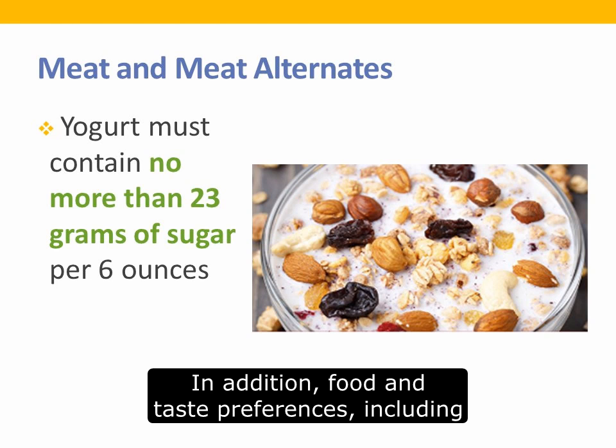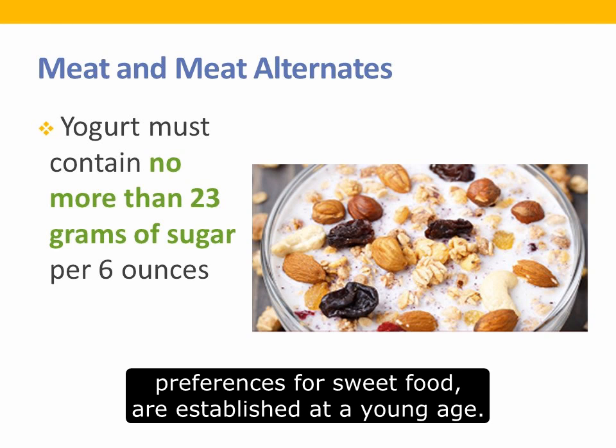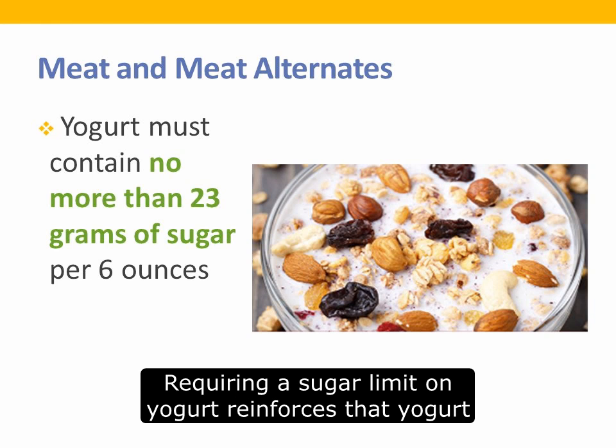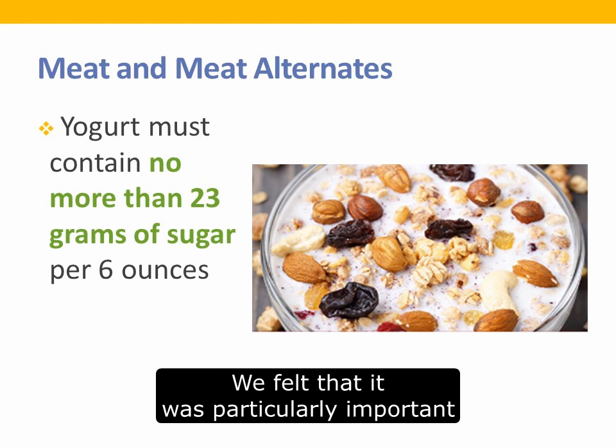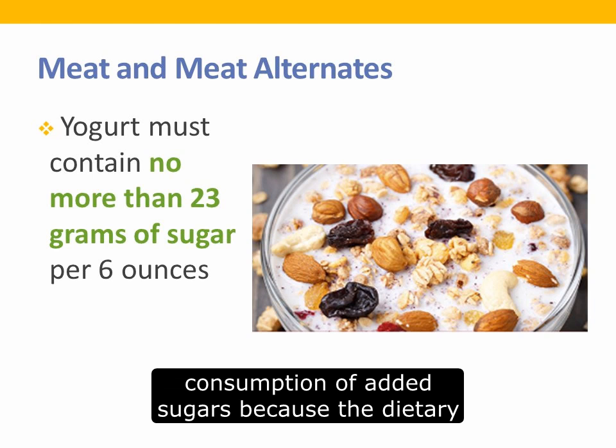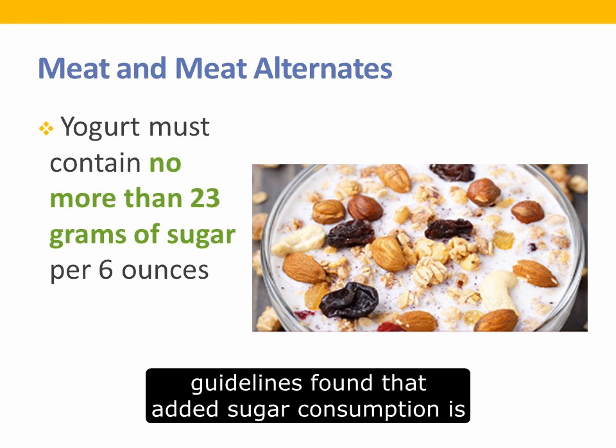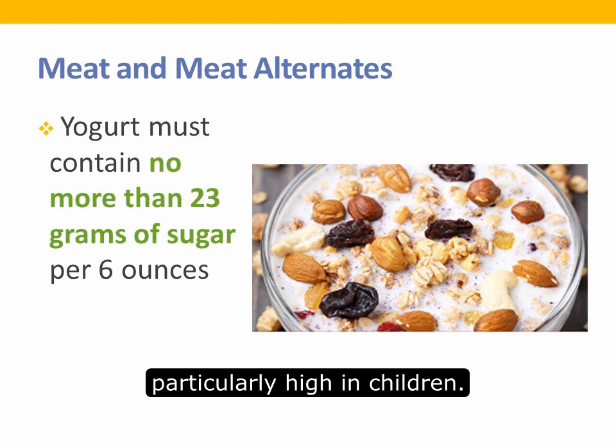In addition, food and taste preferences, including preferences for sweet foods, are established at a young age. Requiring a sugar limit on yogurt reinforces that yogurt can be part of a healthful diet with less added sugar. We felt that it was particularly important to help reduce children's consumption of added sugars because the dietary guidelines found that added sugar consumption is particularly high in children.